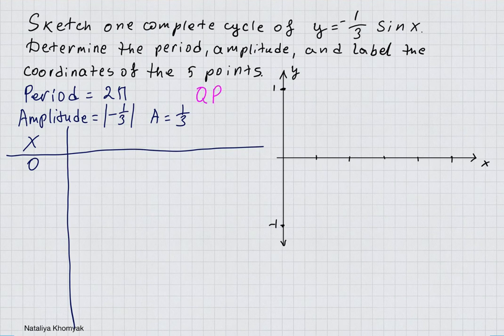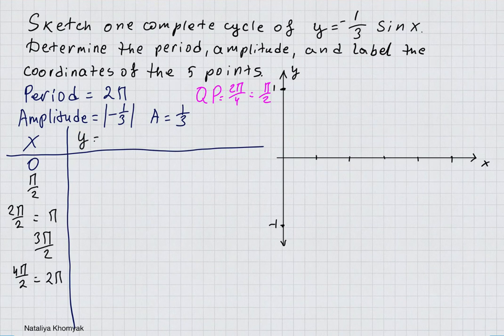A quarter of the period will be 2pi divided by 4, which is pi/2. 0 plus pi/2 gives us pi/2. Pi/2 plus pi/2, we get 2pi/2, which is equal to pi. 2pi/2 plus pi/2, again we get 3pi/2. And 3pi/2 plus pi/2, we get 4pi/2, which is 2pi.